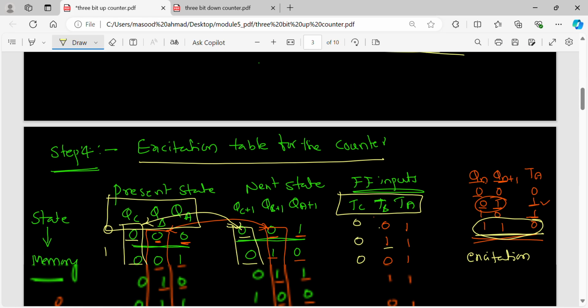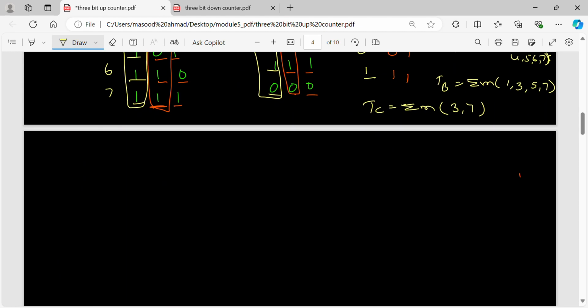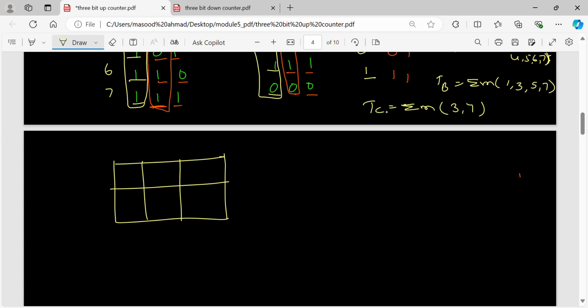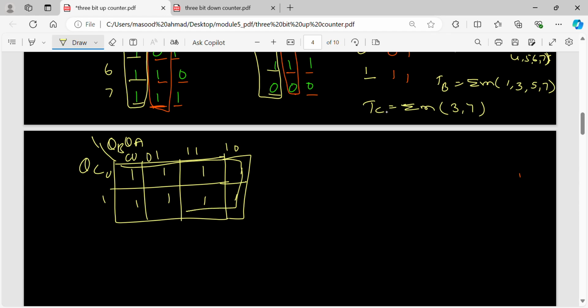So what we try to do is, we will use three variable K maps and try to solve it. For TA, TB and TC, this is QC, MSB, this is QB, QA, 0, 0, 0, 1, 1, 1, 1, 0, 0 and 1, all are ones. Then the expression for TA is equal to 1.